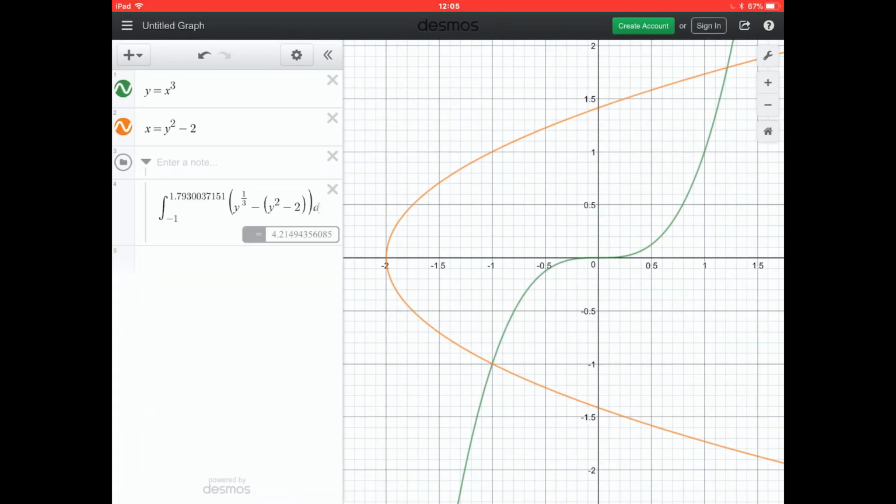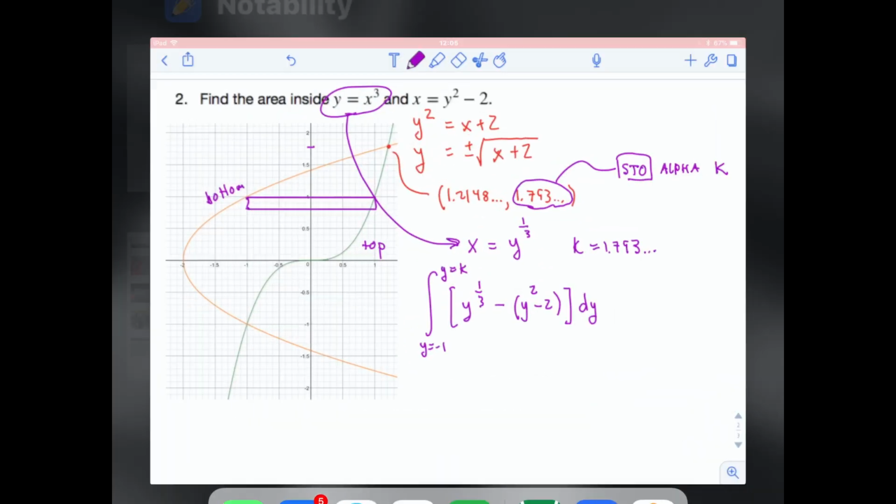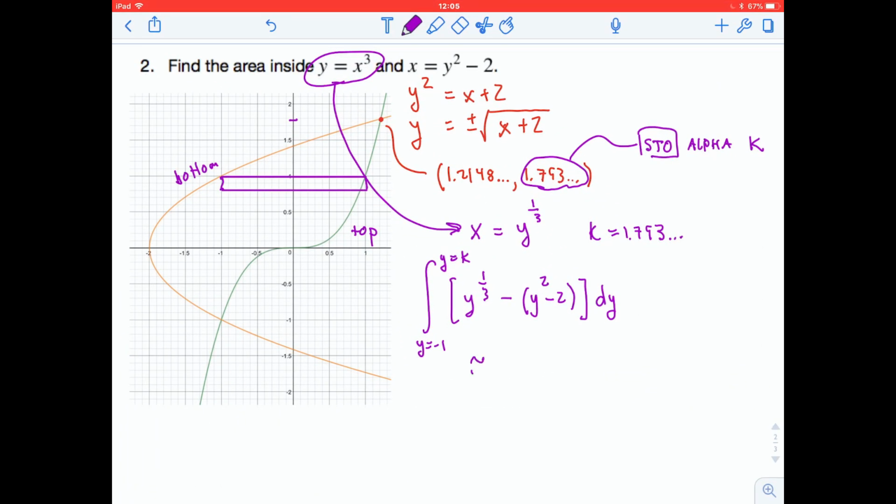So if you set up the integral using that 1.793 number, again, the unrounded value is what you want to use there. You get a value that is, to 3 decimal places, 4.215. So that is what we would put as our answer for the area of this region.